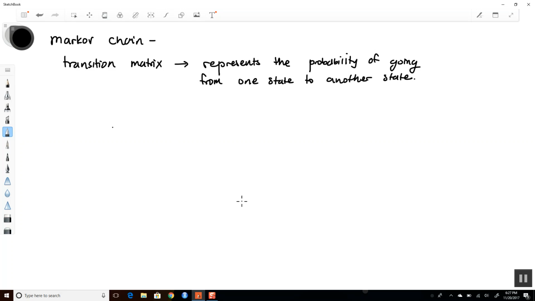Then the Markov chain has what's called a stationary distribution.